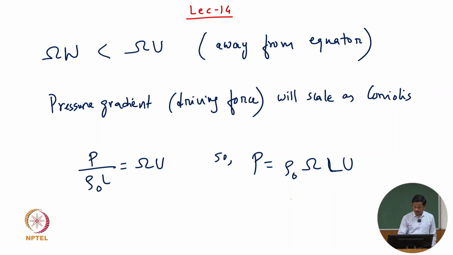So this is a reference value. This is the reference value over which density can fluctuate. For typical geophysical flows, this dynamic pressure is actually smaller than the hydrostatic pressure. So it's important for us to know.